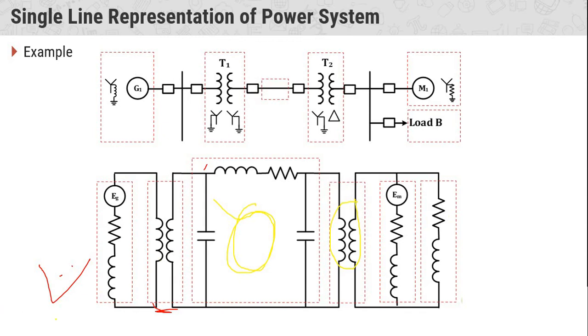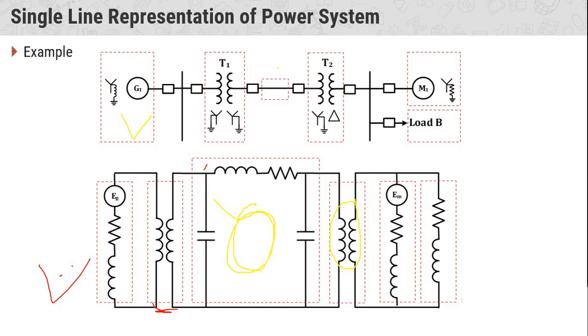So this system can be redrawn as a single line diagram by using symbols. The generator symbol is like this. This is the generator symbol G1 in a circle, and the neutral is star connected and grounded. Then transformer T1, both the primary and secondary are star connected with neutral grounded.